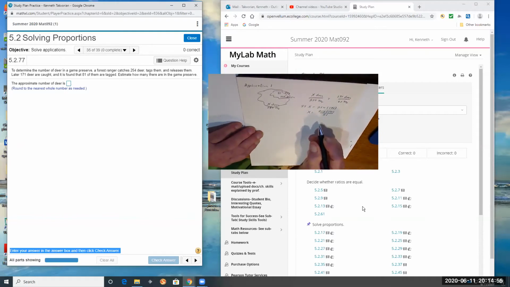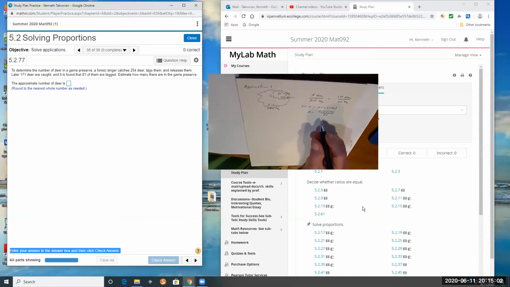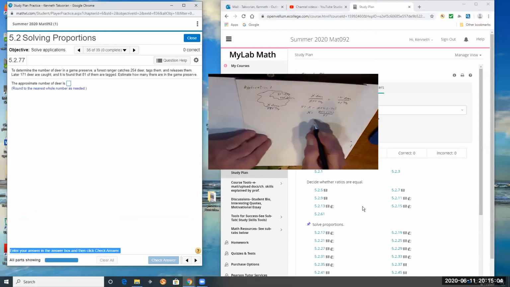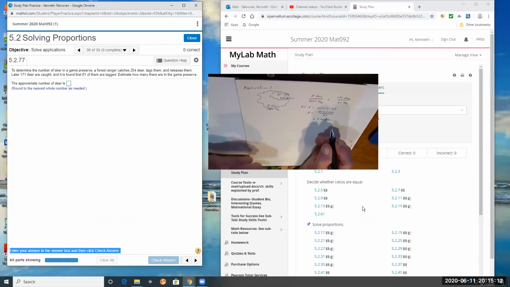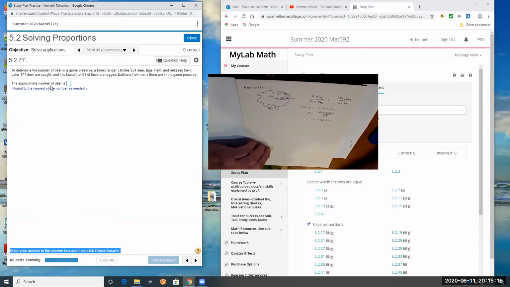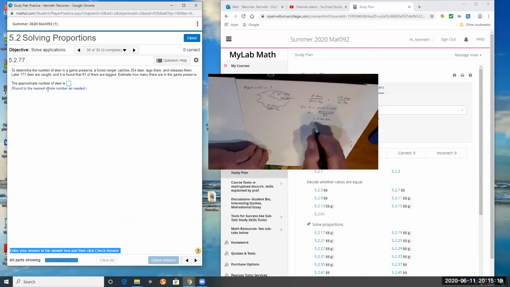I'm going to use a calculator, and it comes out to be 536.22, etc. It says round it to the nearest whole number, which makes sense because we're only estimating. So the answer they're looking for is 536 deer in this forest.